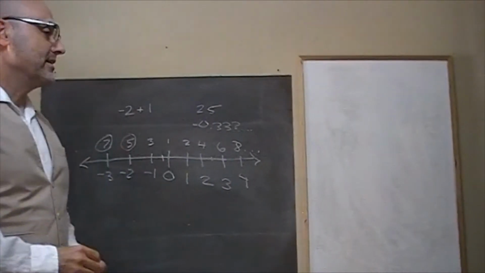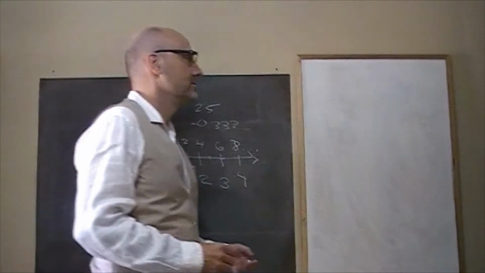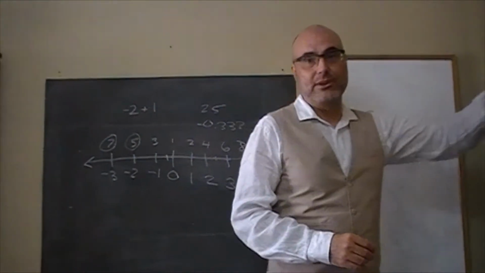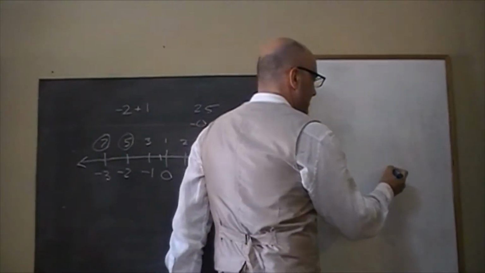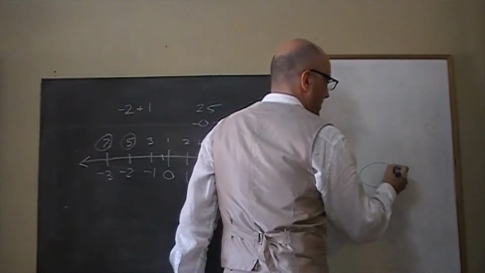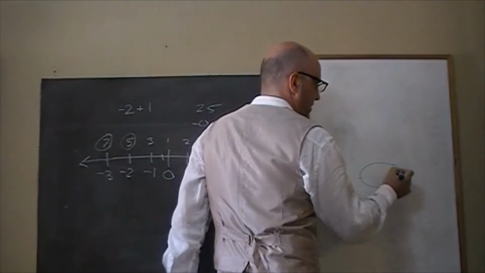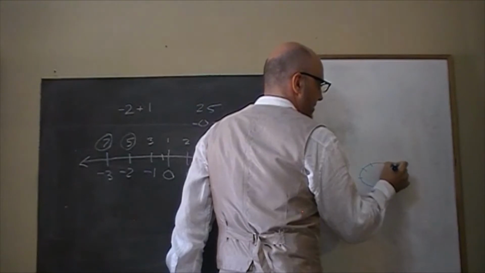So instead of the number line, I'm going to use cones. This is just a way of demonstrating the process. I'm going to start with the base of a cone, and I'm going to draw 10 points around the base.